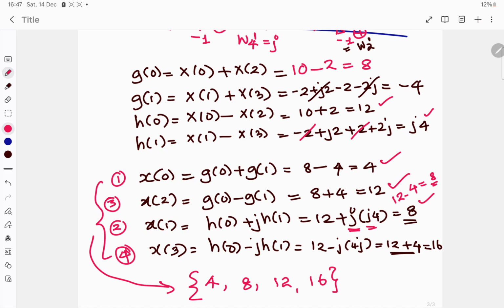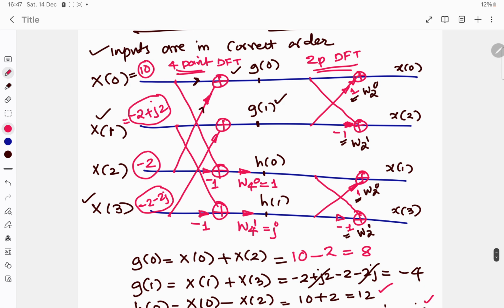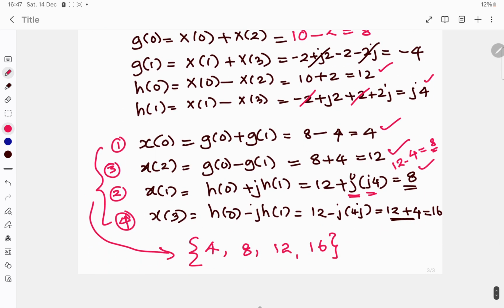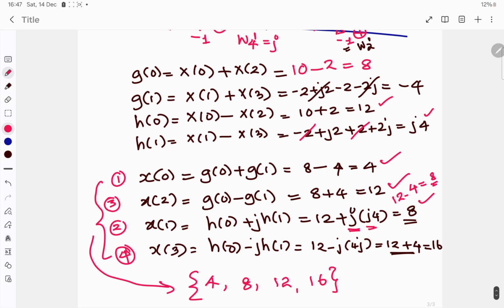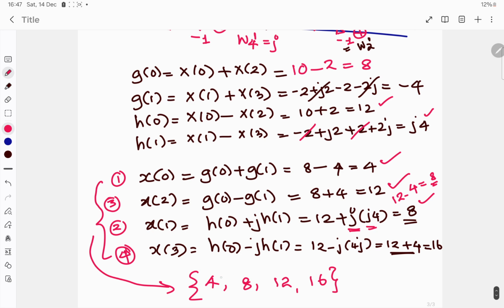Now at the output, the order is not the correct sequence. It is the rotated bit reversed order. So accordingly, the correct sequence is x of 0, x of 1, x of 2 and x of 3, so we'll get 4, 8, 12 and 16.